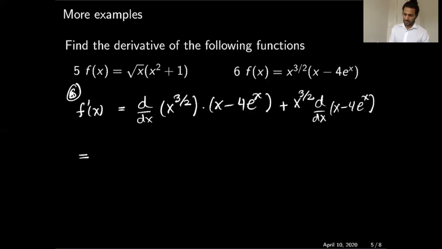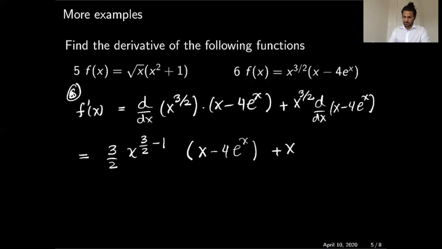So now the derivative of x to the power 3/2 is 3/2 down and you take 1 from the power. This is how you calculate the derivative of a power function by using the power rule. And x minus 4 e to the power x is as it is.